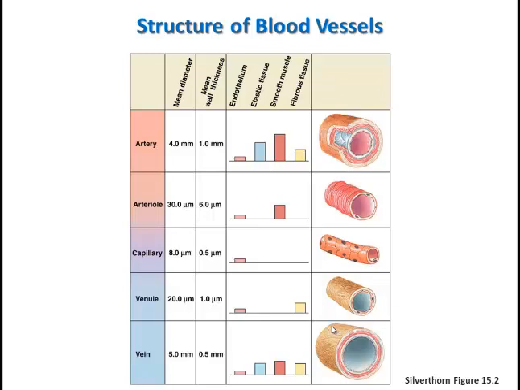And they certainly don't have the same amount of smooth muscle, and so you wouldn't expect the same changes in diameter. And when we talk in class about return of blood to the heart, we'll talk about why the smooth muscle on the venous side is so important, and helps with what we call venous return, getting blood back to the heart from the periphery.